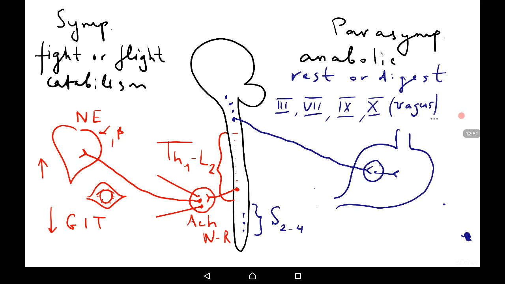Transmitters and receptors in the ganglions: acetylcholine and nicotinic receptors, similar to the sympathetic nervous system. Here we can see no difference.